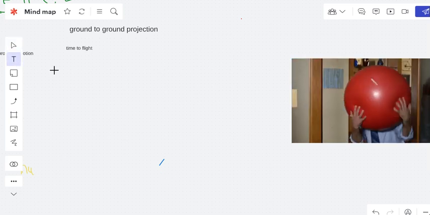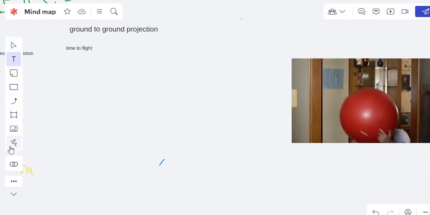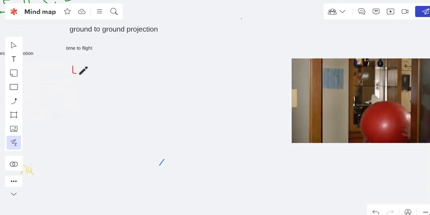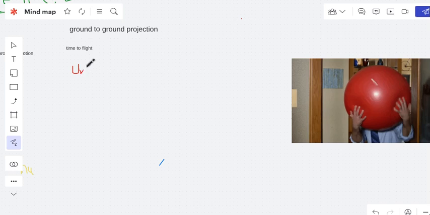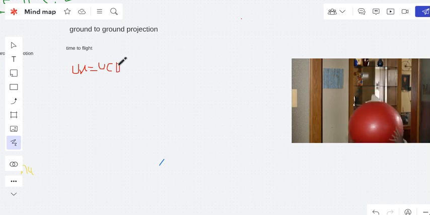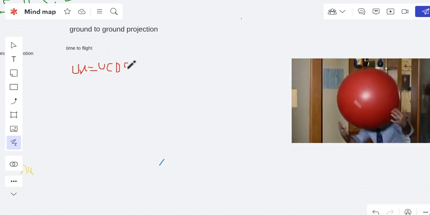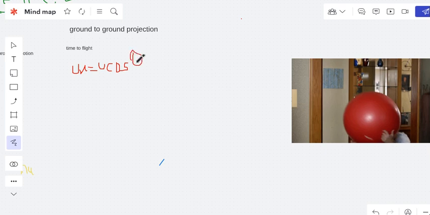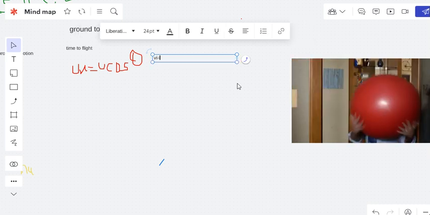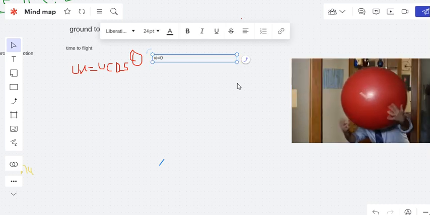Okay. So now we have to find the time of flight, which is, we know that Ux is equal to U cos theta. This is a basic data that I'm concluding here. Ux is equal to U cos theta. And initial velocity is equal to 0.